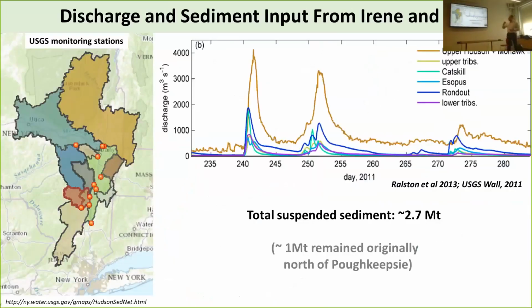What we see here, we were actually lucky during Irene. That's basically data from the Irene time. USGS had a lot of monitoring stations along the Hudson River. They always had three or four permanent stations, but they had some additional ones that year, especially in the tributaries. You can see all the orange dots on the map, and on the left are the different USGS stations, so they can monitor the input very well.